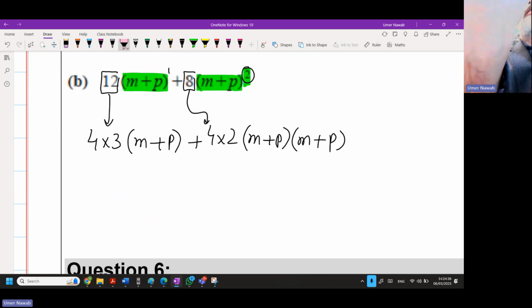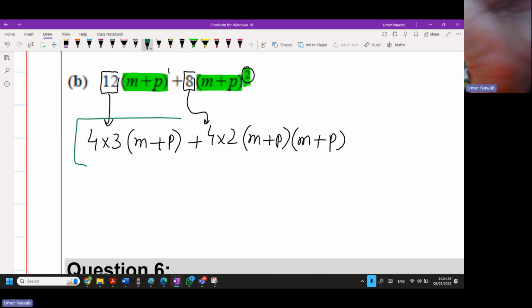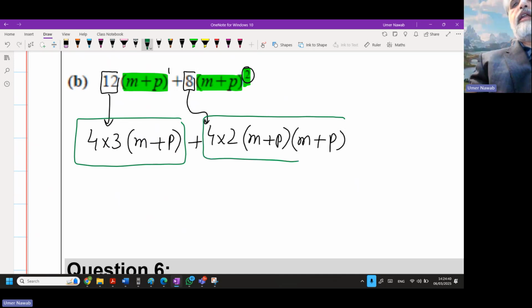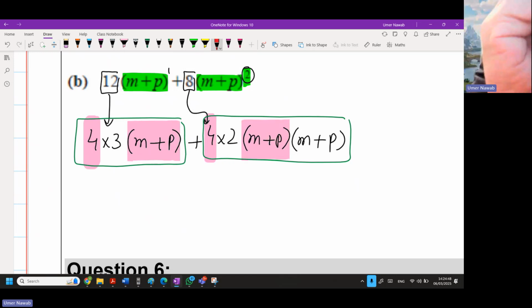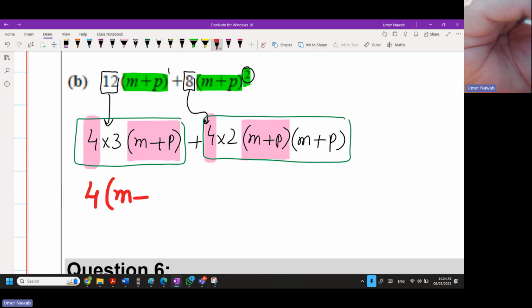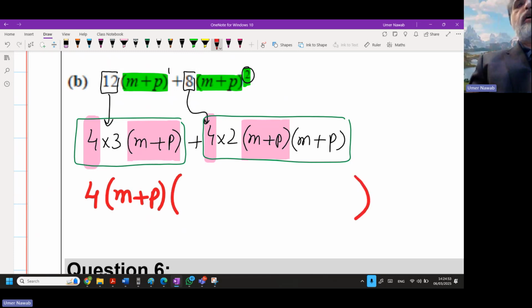Let's see what are the common things in this term and in this term. So we do have 4 common, and we do have m plus p common. So I'm going to take them outside. 4 and m plus p is taken common. I am left behind with 3.